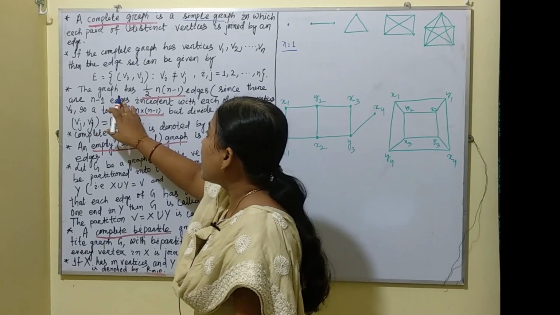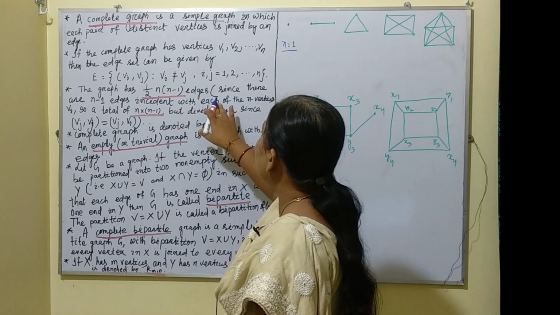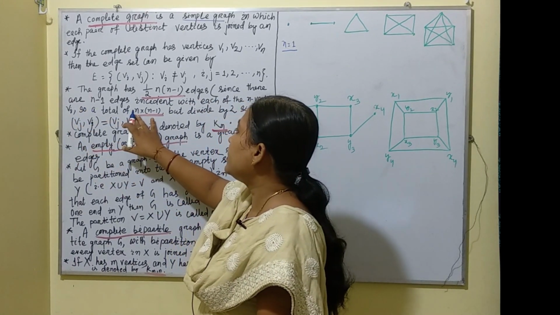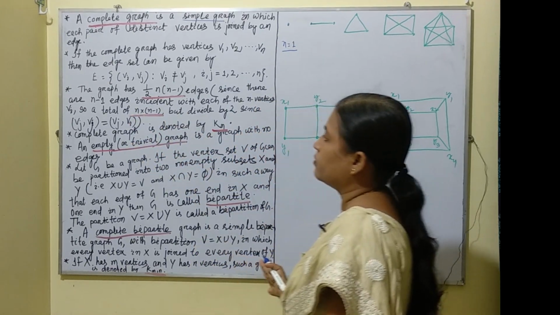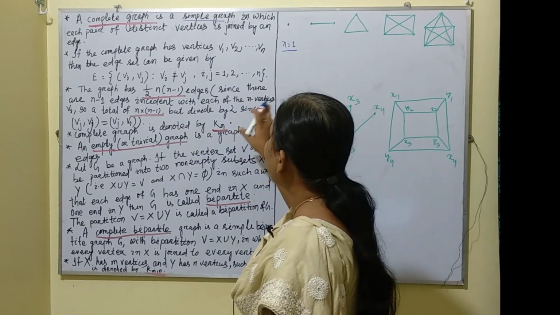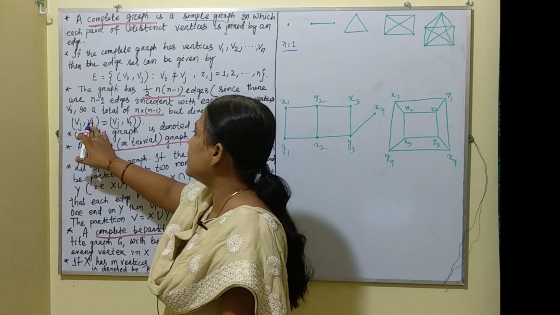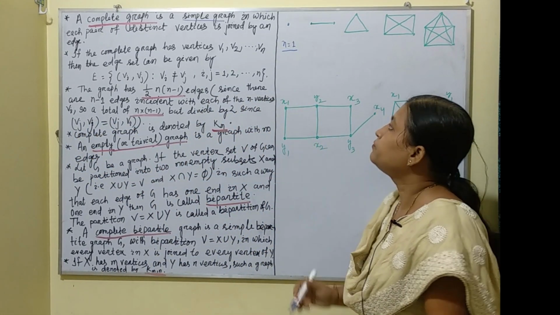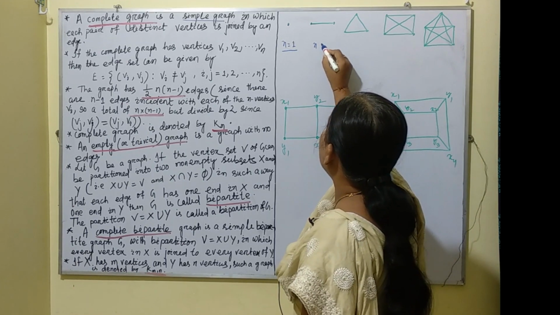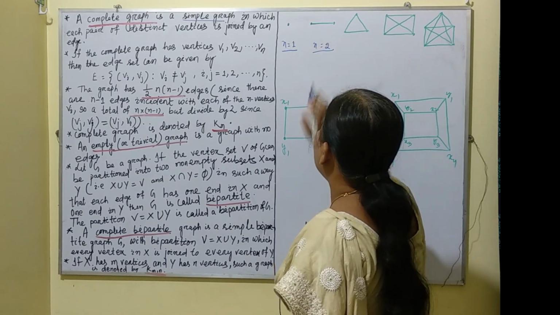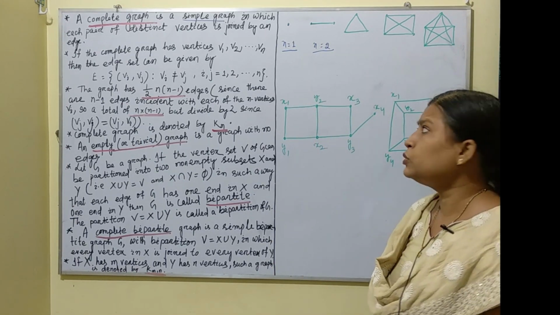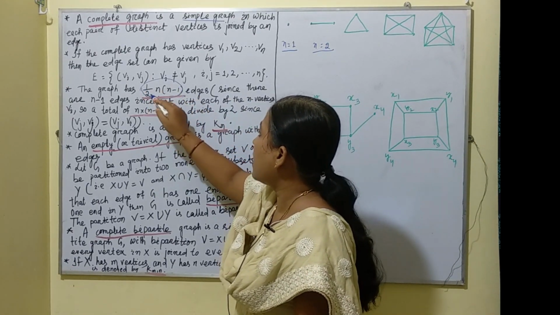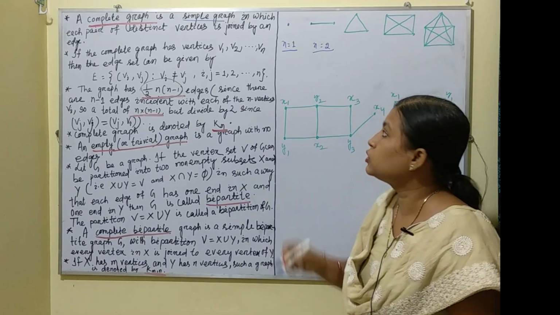Since there are n minus 1 edges incident with each of the n vertices vi, a total of n into n minus 1, divided by 2, because the pair vi vj is the same as vj vi. So taking n equal to 2, the number of vertices is 2. See this formula, half into n into n minus 1.